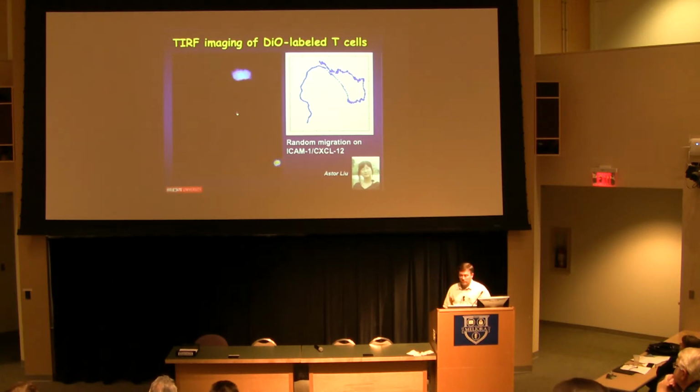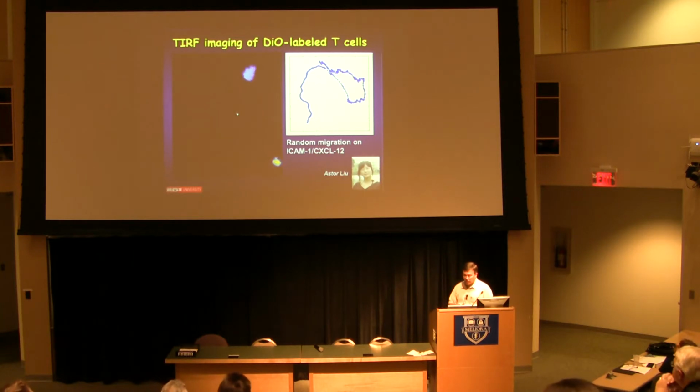This is the work of Aster Liu in my group, and she loves the fact that these cells move very fast. So, 30 minutes, the experiment's done, move on to the next cell, whereas my other guys are waiting 8 hours just to look at one fibroblast.